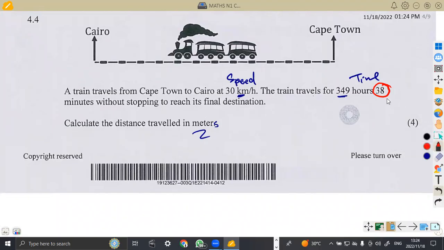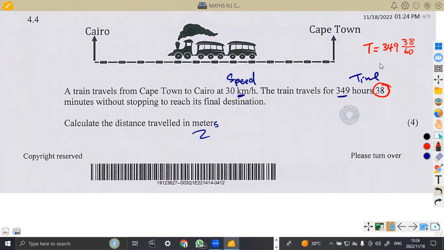Before we talk about the distance, okay, so remember our time. So our time is going to be 349 hours. Then we convert this 38 minutes to hours. We simply have to divide by 60. So it's 38 over 60.